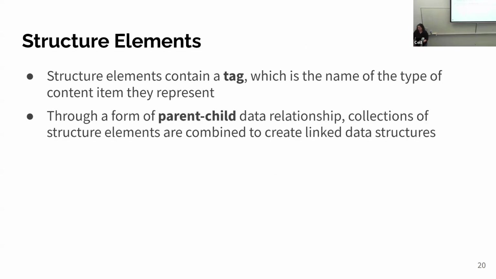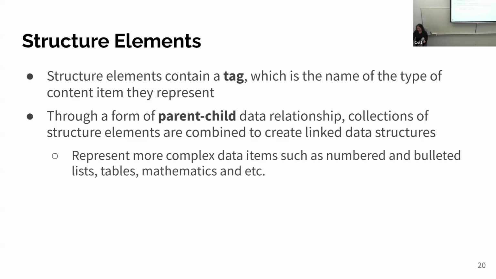Through a form of parent-child data relationship, collections of structure elements are combined to create linked data structures. These linked data structures represent more complex data items like numbered and bulleted lists, tables, mathematics, and anything that you wish to do in LaTeX.